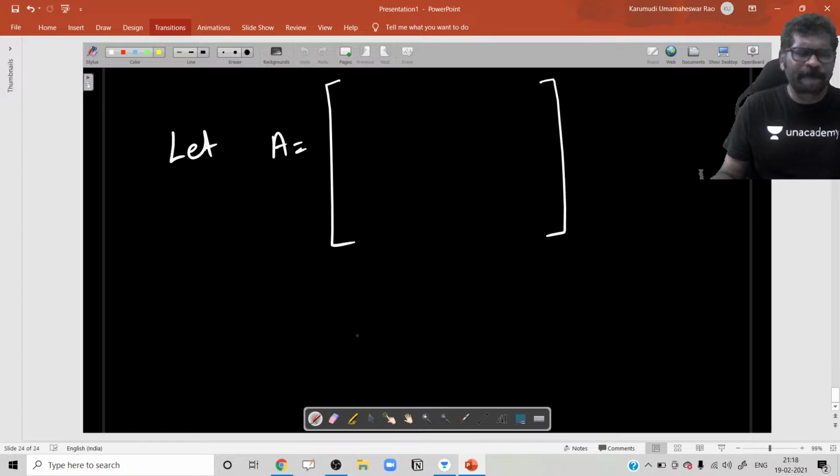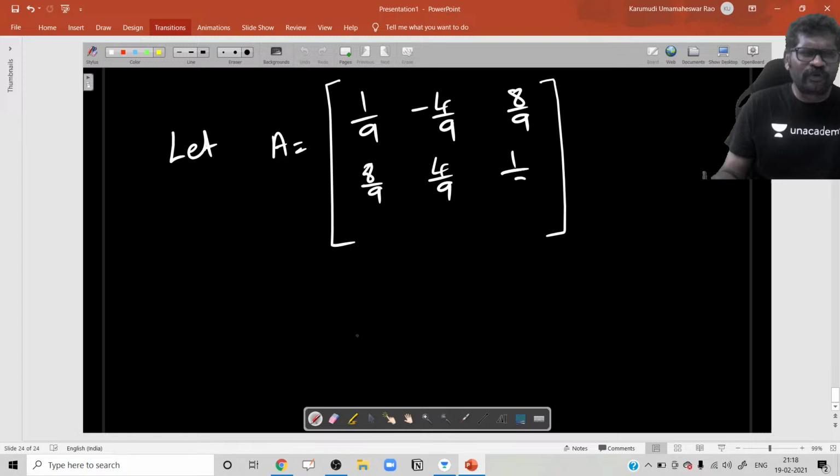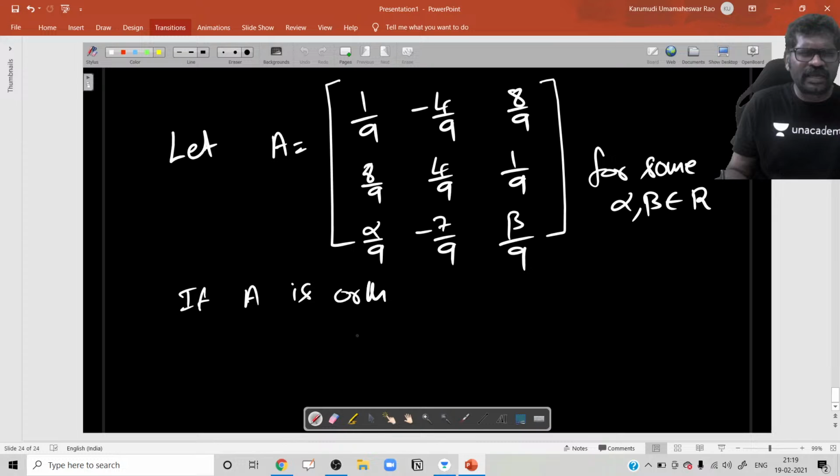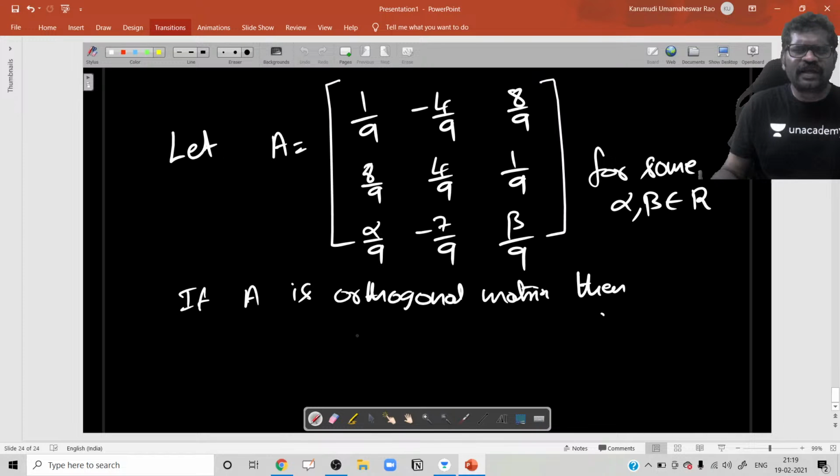Next problem. Let matrix A be 1 by 9, minus 4 by 9, 8 by 9; 8 by 9, 4 by 9, 1 by 9; alpha by 9, minus 7 by 9, beta by 9, for some alpha, beta belongs to R. If A is an orthogonal matrix, then alpha equal to, beta equal to.